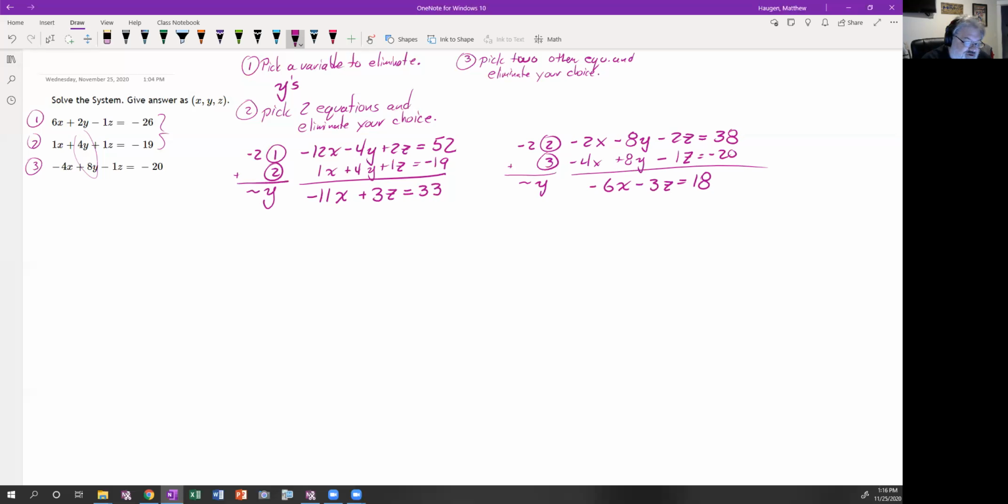Now that gives us 2 new equations. We now have equation 4 and equation 5, right? Now, if you had made different choices, if you chose a different variable or different pairings, your equations 4 and 5 would be different. And that's okay. It would still work out.